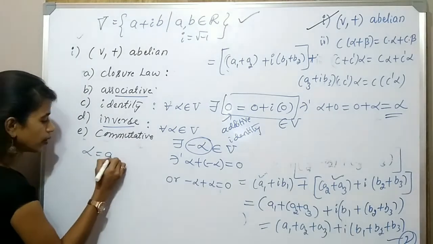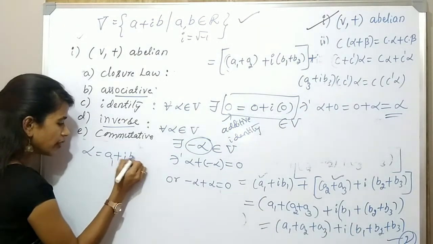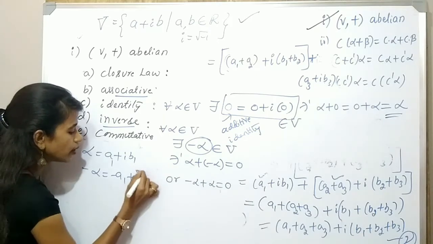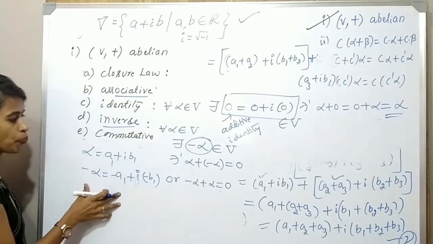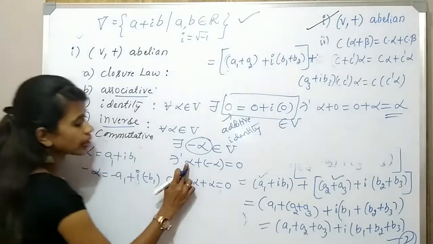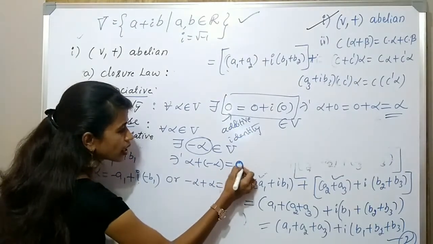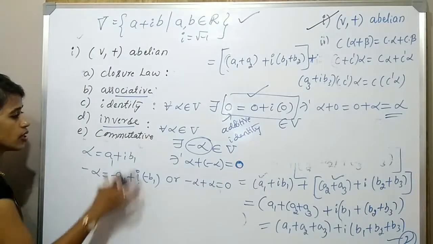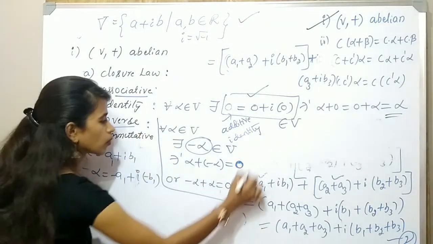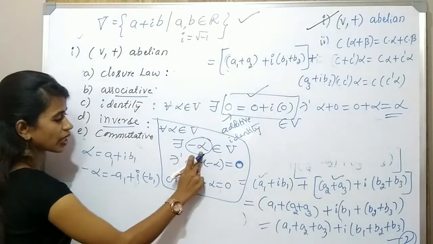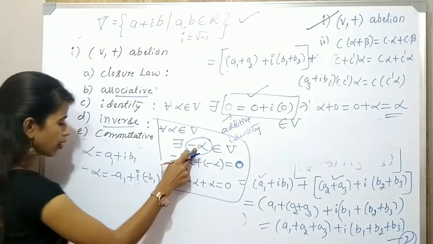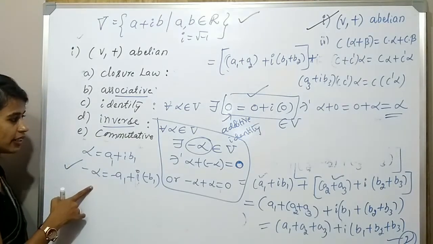For alpha equal to A1 plus i B1, minus alpha becomes minus A1 plus i into minus B1. That is the additive inverse, such that alpha plus minus alpha becomes 0. What is that 0? 0 is nothing but the additive identity. Is it okay? So just write this one. For all alpha belonging to V, there exists minus alpha belonging to V, such that alpha plus minus alpha is equal to 0, where minus alpha is nothing but this one. So that is the additive inverse.